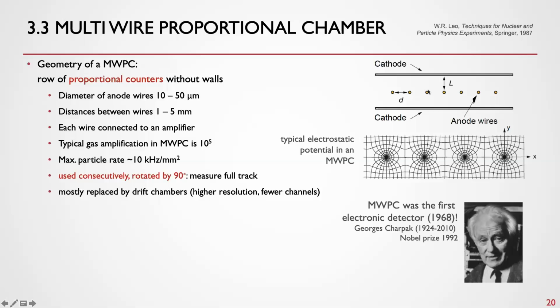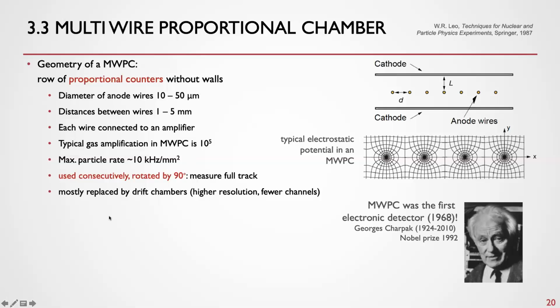You don't know the other coordinate or a third coordinate with 3 spatial coordinates. And hence, at least to have a 2D measurement, one uses consecutive layers of multi-wire proportional chambers rotated by 90 degrees. And then one can measure the full track.